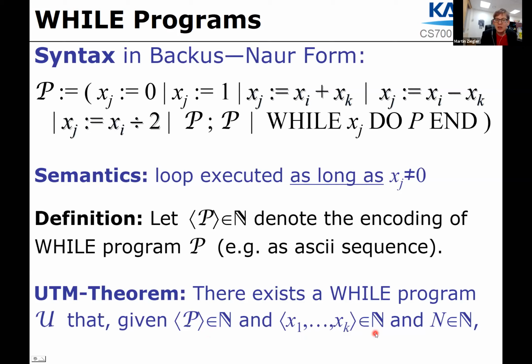So if we have several or even a varying number of arguments, we can always combine them into one single natural number by using this pairing function.